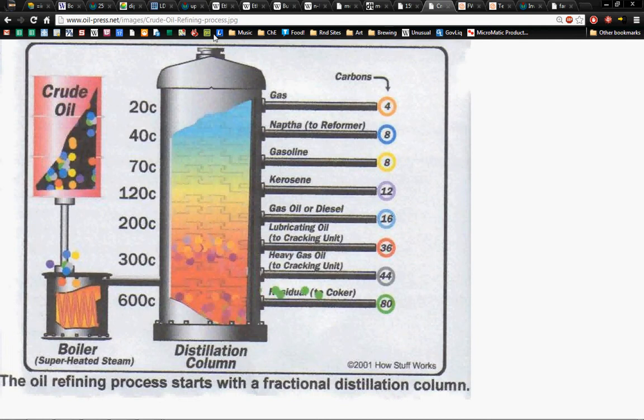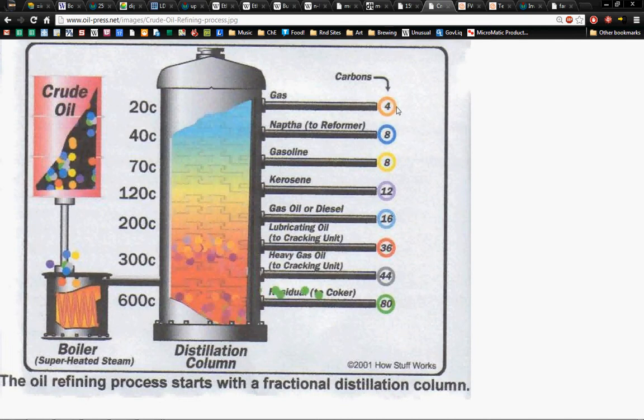So obviously the thing that will evaporate first is the gas. So that's going to be like your natural gas, your CO2s, your methanes will evaporate off here. Then you've got naphtha, and as we get longer chains, you've got gasoline, you've got kerosene, and all the way down here you've got oils, and then you've got coke, which is actually just essentially carbon.